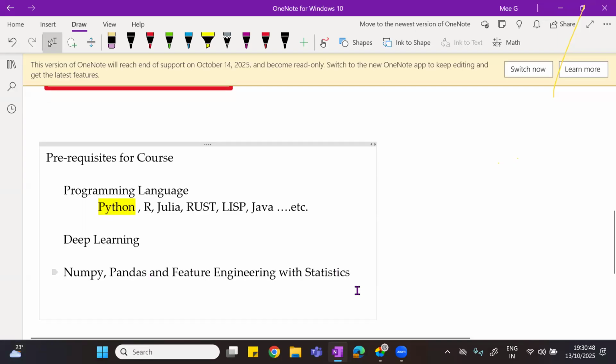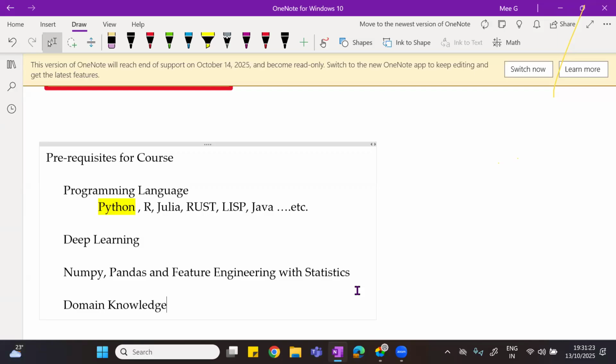So next is domain knowledge. You should understand this is where non-IT people will have an edge over IT programming professionals. Domain knowledge means knowledge of a particular industry.